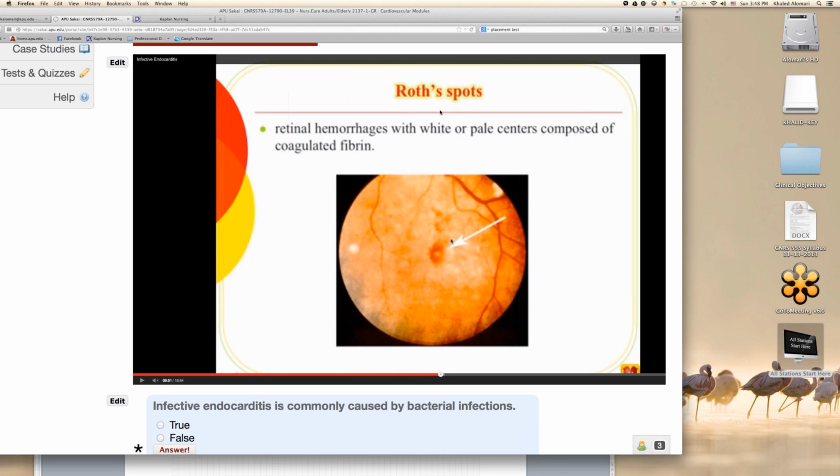So you may see, as options, Roth spots, as well as Osler and Janeway, and a fourth name that's not. Or it could ask you to select all that apply and give you 5 options and ask you to select the ones that are considered to be classical or seen in endocarditis.